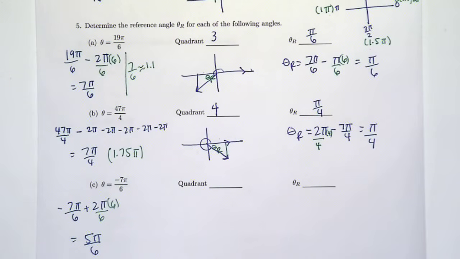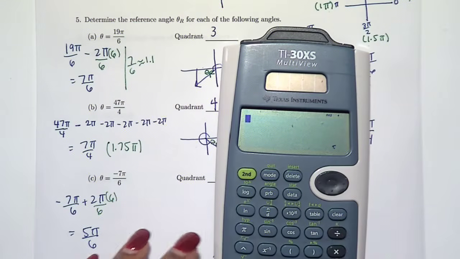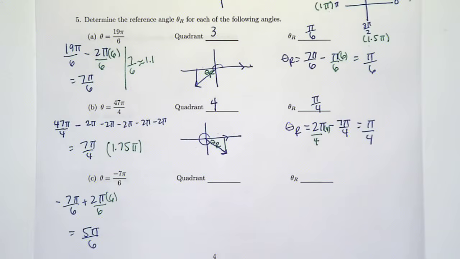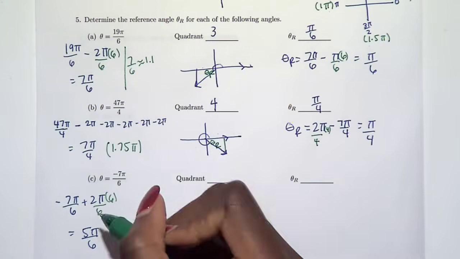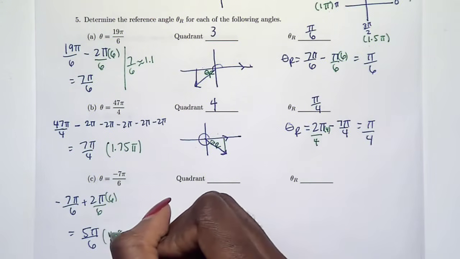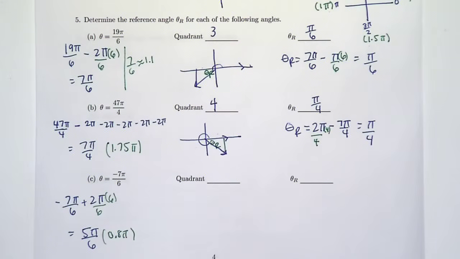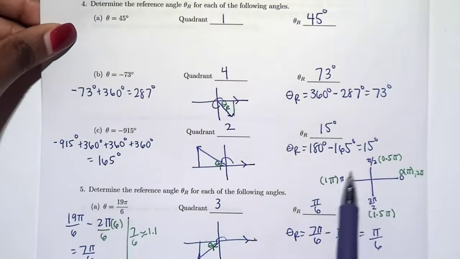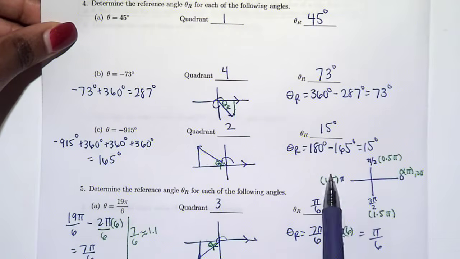Okay, so negative 7 pi over 6 has the same location as 5 pi over 6. 5 over 6 is about 0.8. So we can figure out exactly what quadrant that's in. 0.8 is between 0.5 and 1, so we're in quadrant 2.